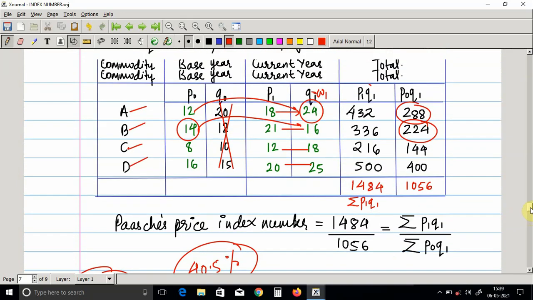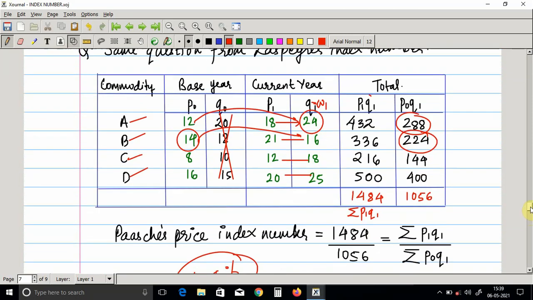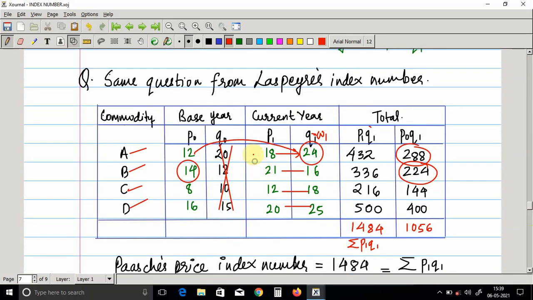Now you may say that there is a difference in the two methods. So which one is better?